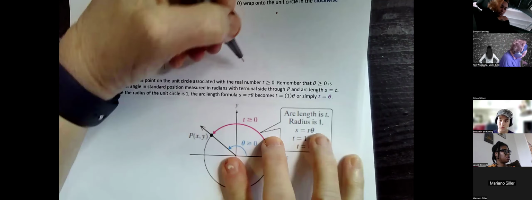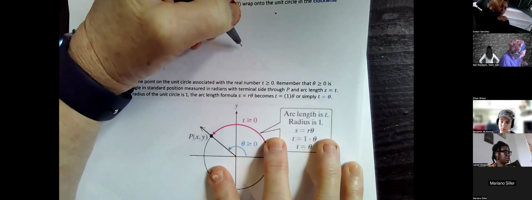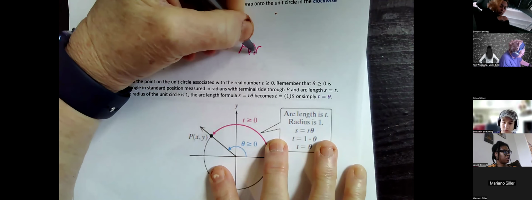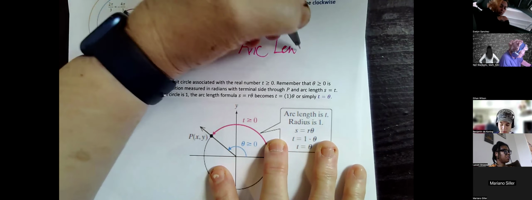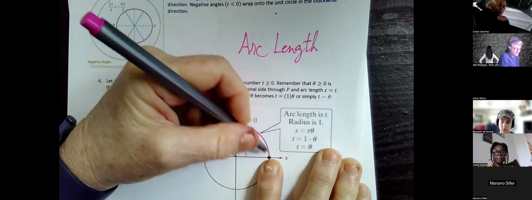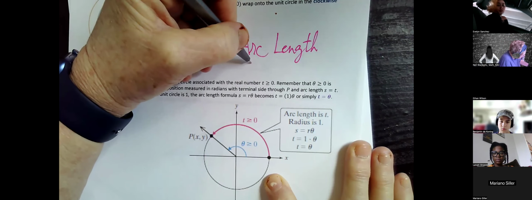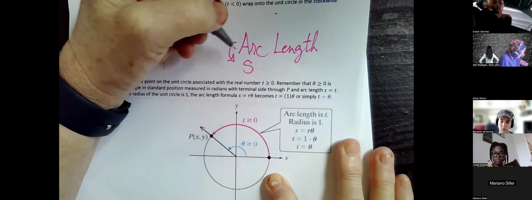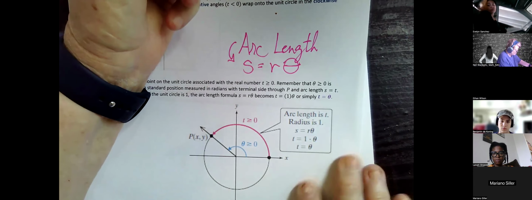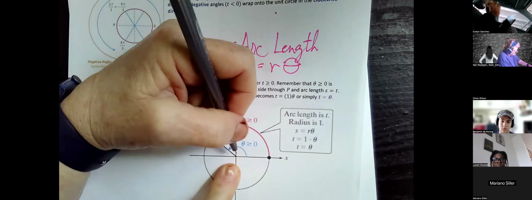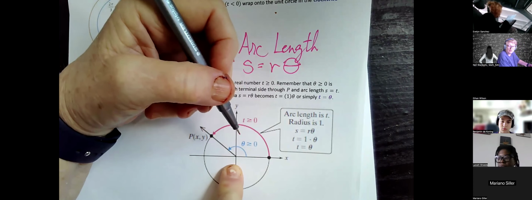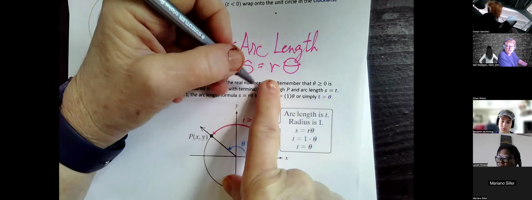There's a formula for arc length. That's the distance on the top. And arc length, S, is equal to the radius times the central angle. So theta corresponds to how we're measuring theta. R is our radius.